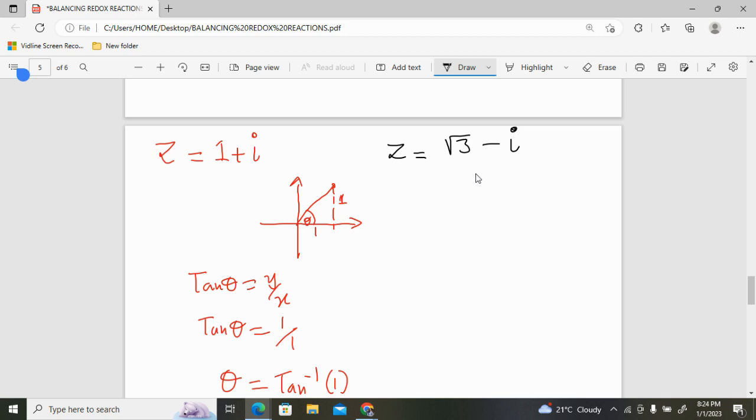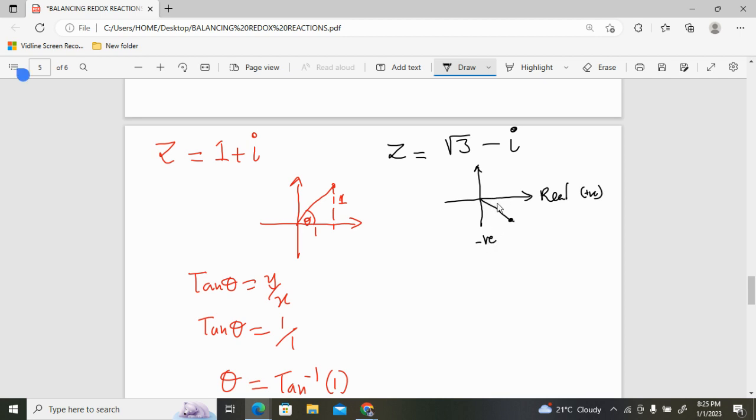To be able to find it, first of all, make sure that you know in which quadrant this complex number is. Now, the first value on the real part is positive, and the second part, on the imaginary part, is negative. This is the negative y-axis. This is the positive x-axis, meaning that this complex number is going to be in this quadrant here.